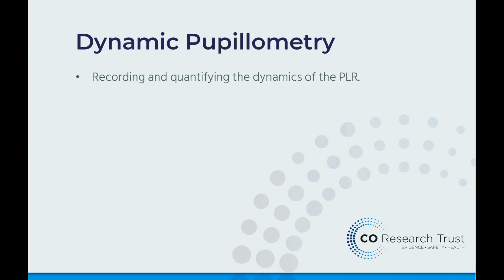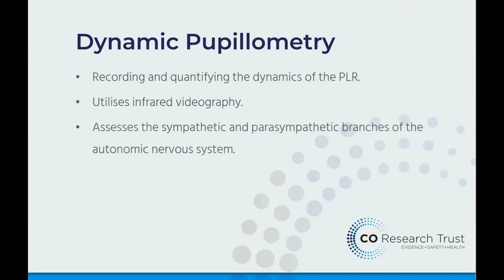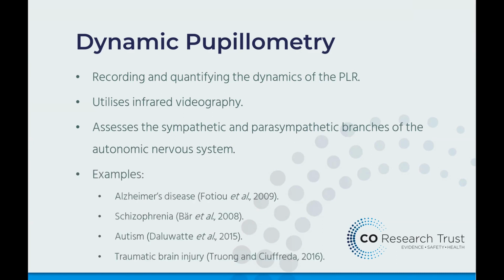This is achieved through the use of infrared videography, as infrared light is outside the visual spectrum, therefore does not elicit a pupillary reaction. It's very useful in assessing the sympathetic and parasympathetic branches of the autonomic nervous system. It has been used in lots of research across a range of different conditions, including Alzheimer's disease, schizophrenia, autism, and traumatic brain injury.